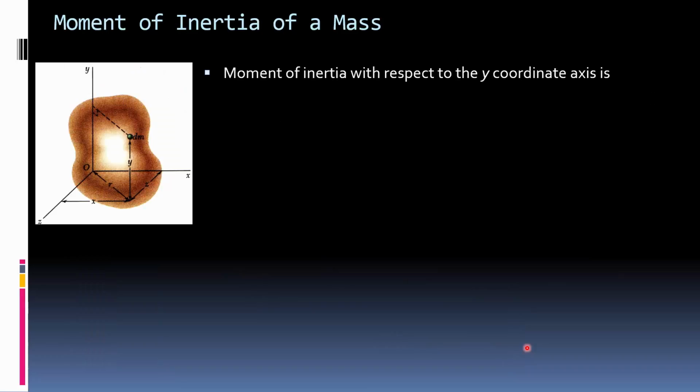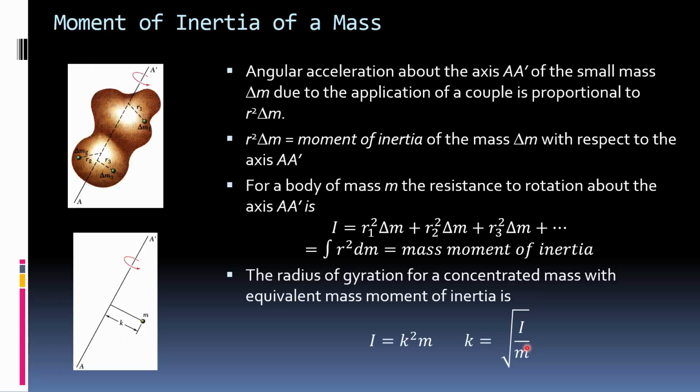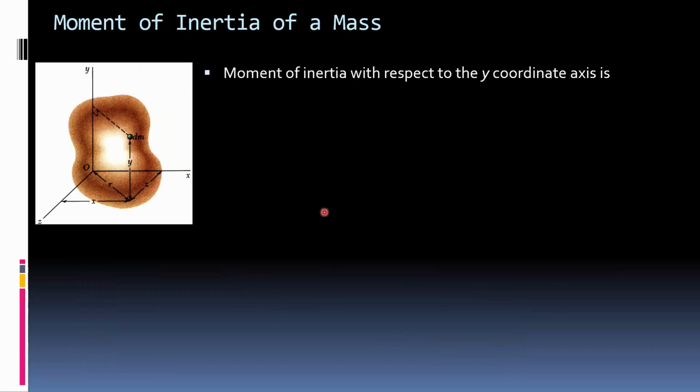And so let's talk about the moment of inertia with respect to the y-axis. We talked generally here that it's the integral of r squared dm. But the moments of inertia we've talked about only make sense with respect to an axis. So the moment of inertia with respect to this y-axis is going to be what? Iy is the integral of r squared dm. What is r squared?